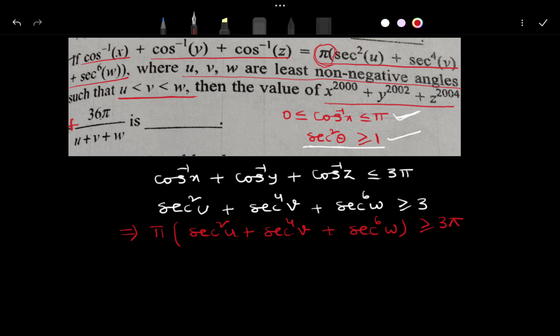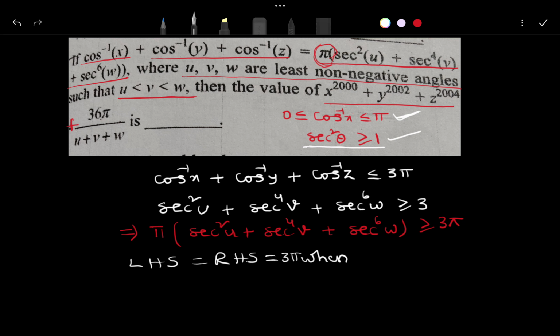So LHS will be equal to RHS only when this value is 3 pi. When LHS equals RHS, these three will be equal to 3 pi.